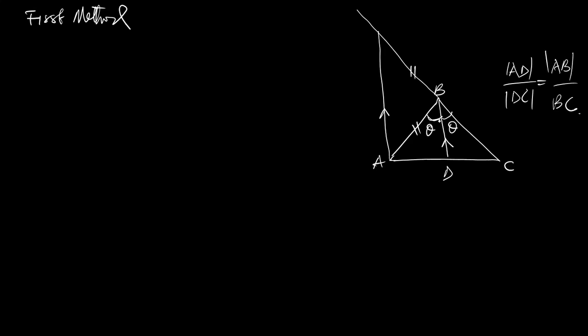They meet at the point E. Let's say AE is parallel to BD. So since they are parallel and there is a common line here, that means angle BA... let me clean this.